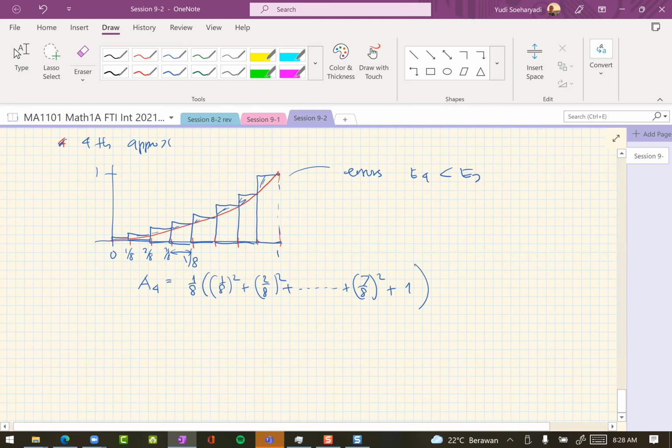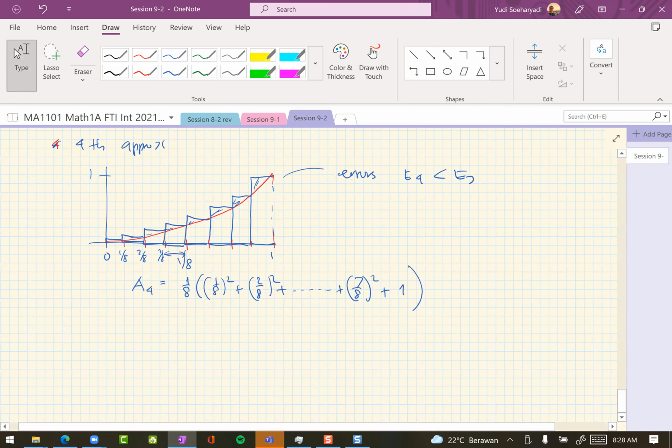From the fourth one, how would you get the fifth approximation? Even more rectangles. More rectangles, but how many more? How to get the fifth from the fourth? Multiplication of 2. So how many? 16, because we keep dividing this.